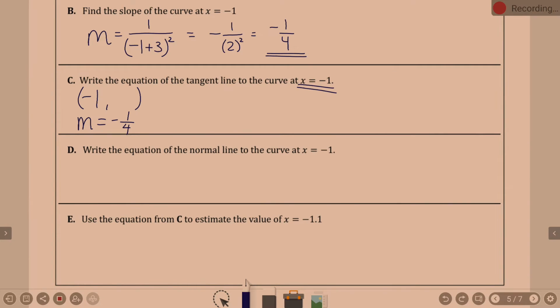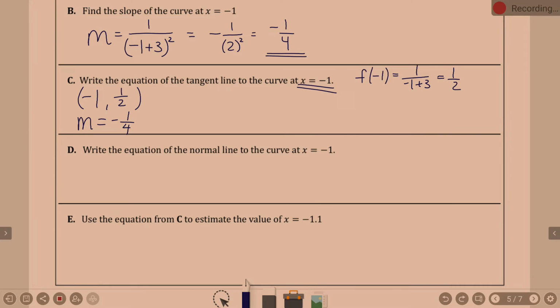So if you find f of -1, that is 1 over, is it x plus 3? -1 plus 3. Sorry, I'm on two different screens and it's messing me up. So it's going to be 1/2. So the ordered pair we're using is (-1, 1/2). The slope I'm using is -1/4.